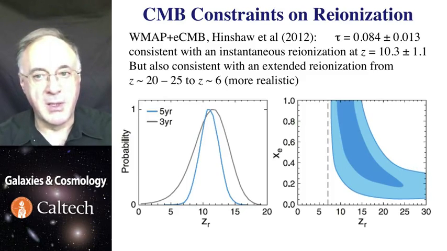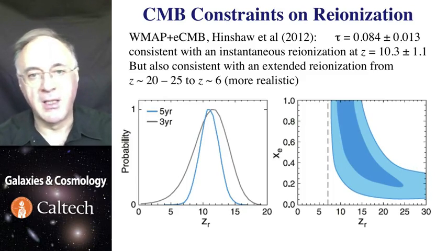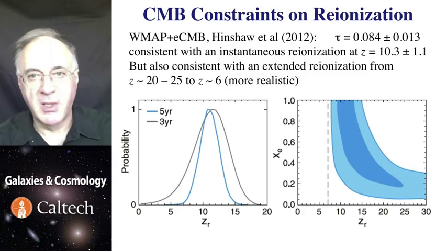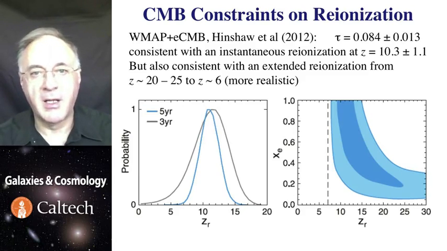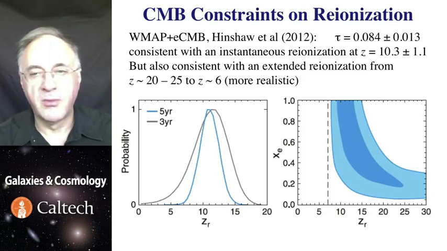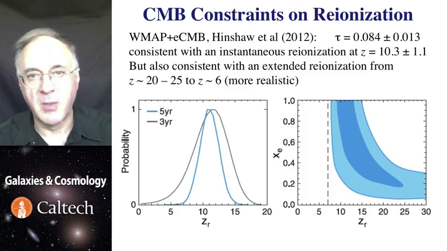It's consistent with an instant reionization, but that's physically not very likely, and most likely we're dealing with an extended period from the formation of the very first stars until the time where all of the ionization bubbles overlapped, and that may have taken from redshift 10 or 20 or maybe slightly higher all the way down to redshift of 6. In terms of actual age, that means from a few 100 million years after the Big Bang to about 1 billion years after the Big Bang.